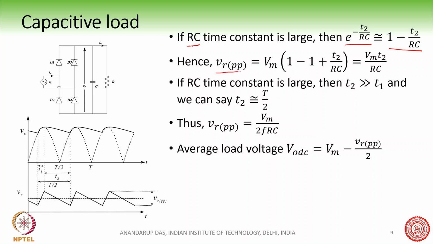Therefore this VR peak to peak, substituting back into the equation, will come out to be Vm into T2 by RC.